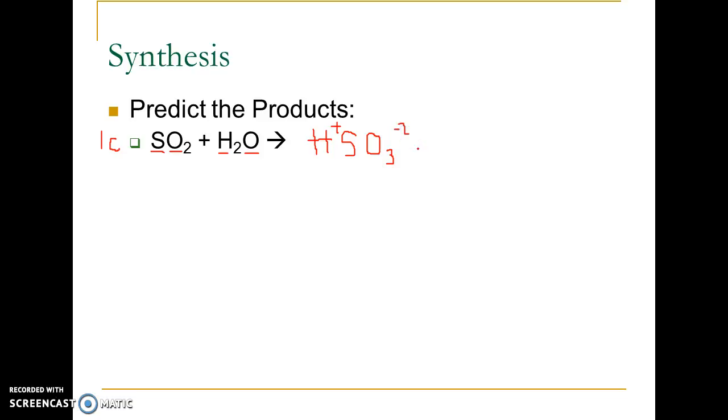These charges do not balance out to equal 0. We do need 2 hydrogens here to balance it out. So your chemical formula for the acid will be H2SO3, excuse my handwriting here. Okay?